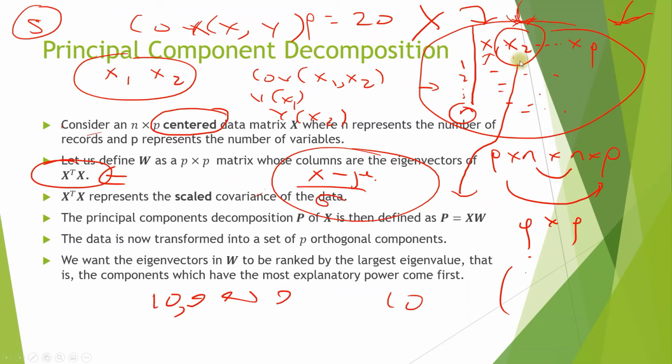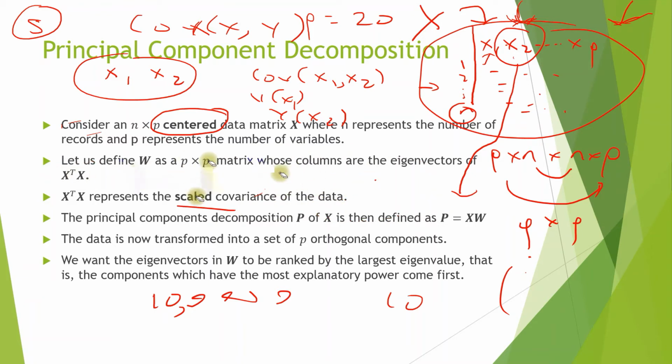Like X2 is going to dominate the analysis, and it's not a very good idea. Now, this is why I said that you need to have your scaled covariance of the data first. Scaled covariance is very important because of this issue of one variable dominating the whole analysis.